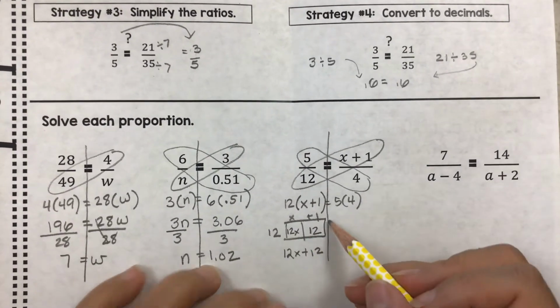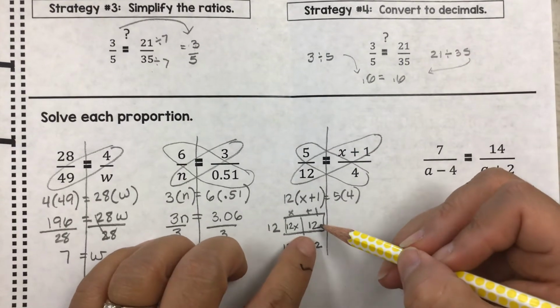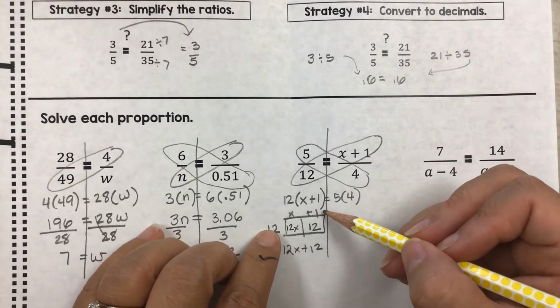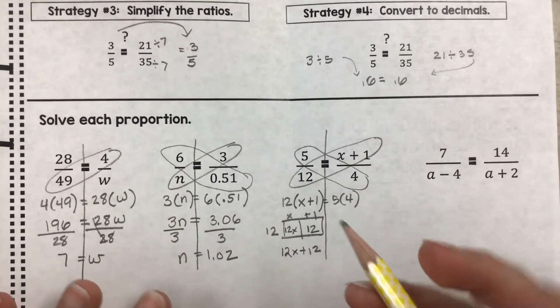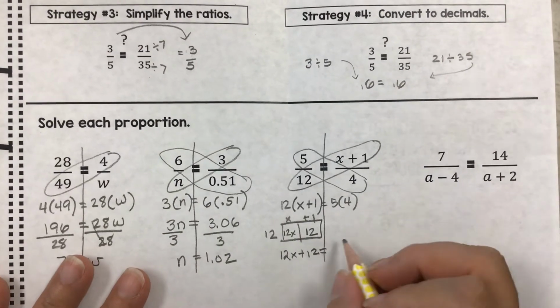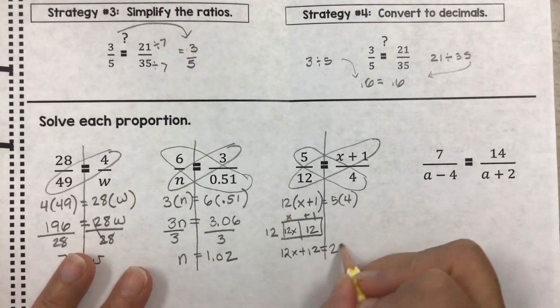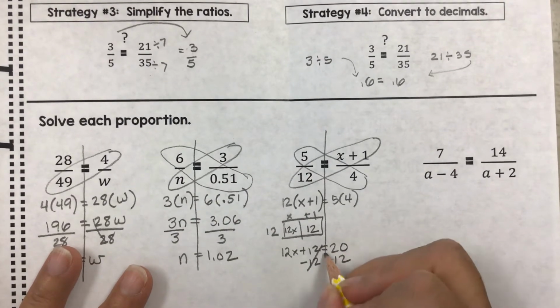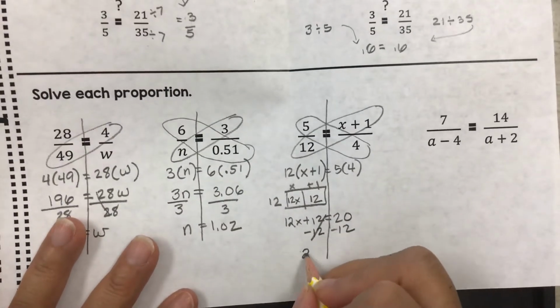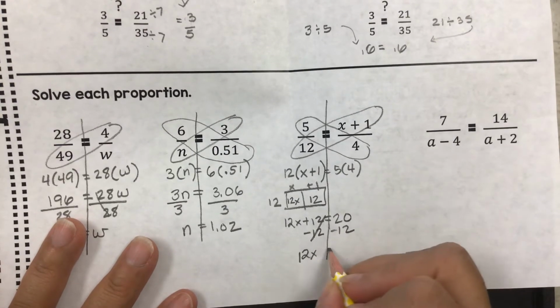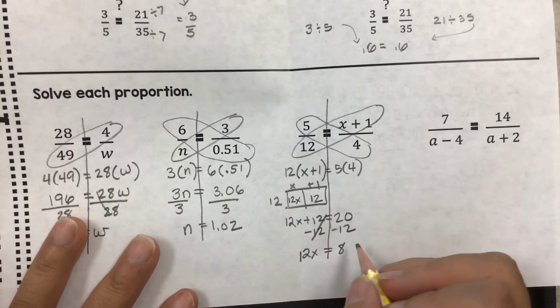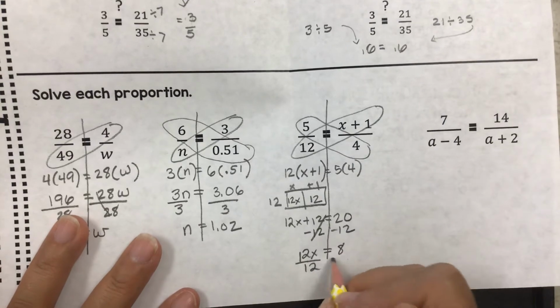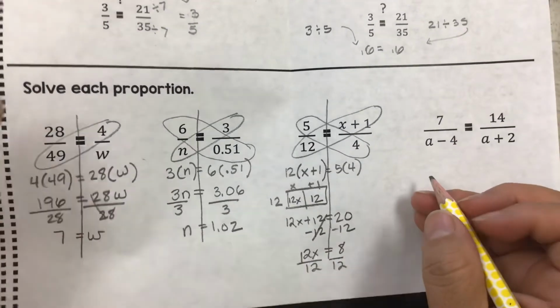Don't forget, we're multiplying these numbers in. 12 times 1 is 12. We're not adding them, which would give you 13. 5 times 4 is 20. We're going to subtract 12 from both sides. I have 12x is equal to 8. Then we're going to divide by 12 on both sides.